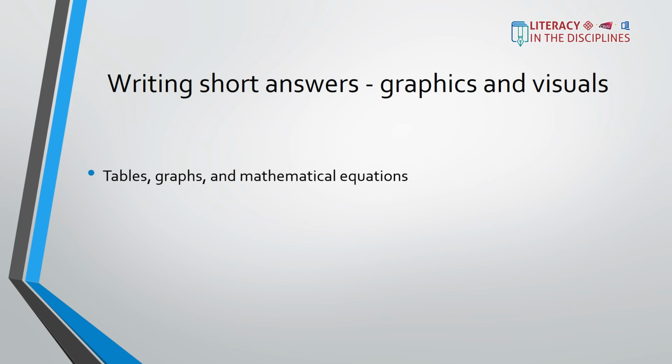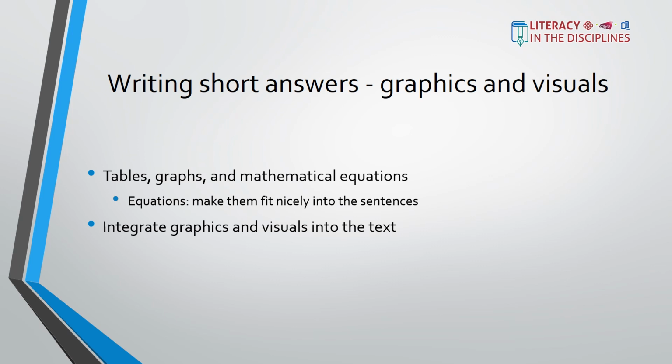Equations play a very important role in short answers. When using equations, try to make them fit nicely into your sentences. When you include graphs and other visuals in your short answers, there are two possible ways to integrate them. Firstly, they may duplicate the written information.